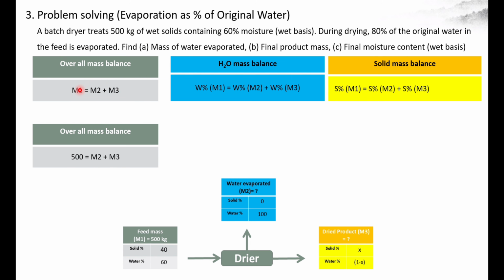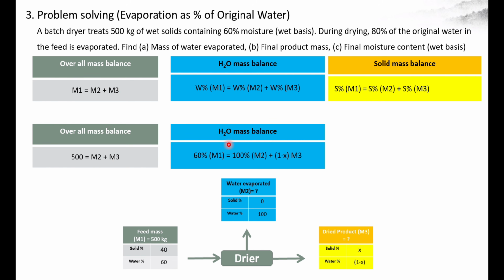In these three equations, now we replace the given data values. So in this, M1 is equal to M2 plus M3, M1 value only we know. So I am replacing M1 by 500 because it is given in the question, and the M2 and M3 we are keeping as it is. Moving on to water balance. So the percentage of water in the M1 stream is 60%. So 60% into M1, M2 value we don't know, but the water percentage is 100%. I am multiplying M2 with 100%.